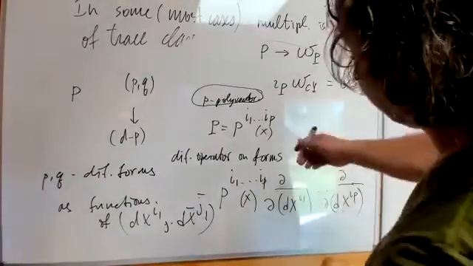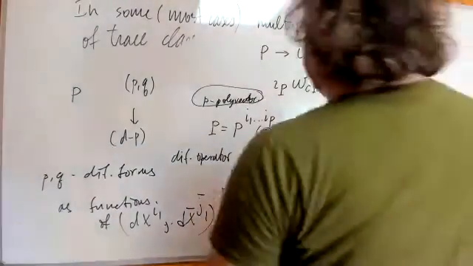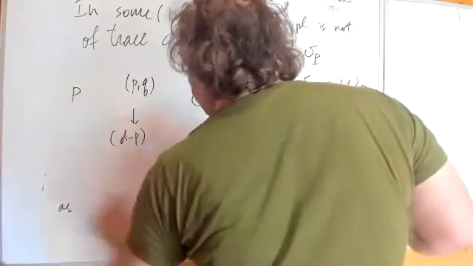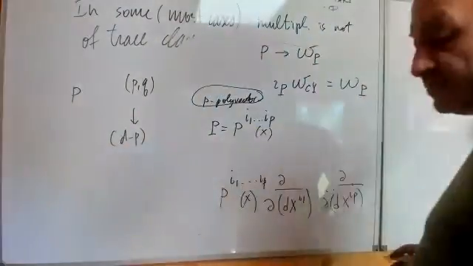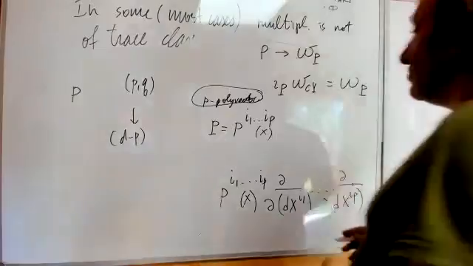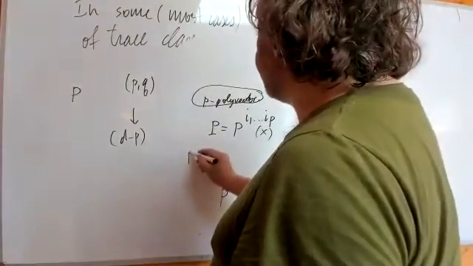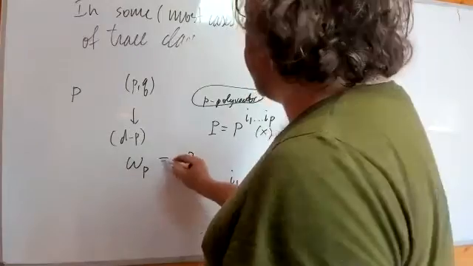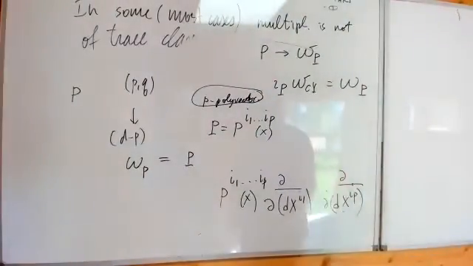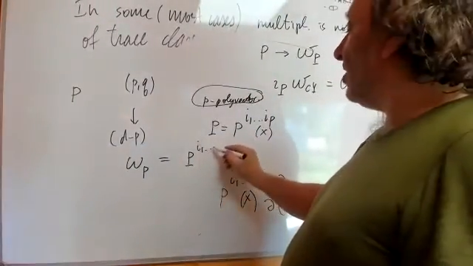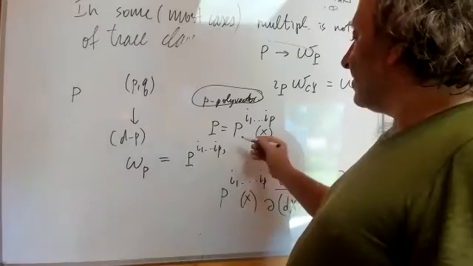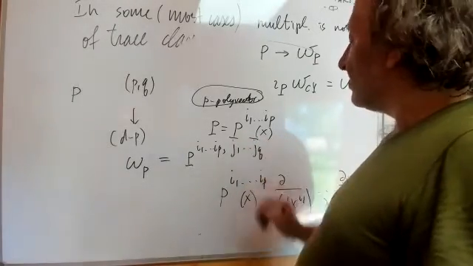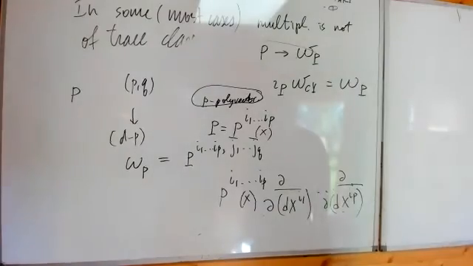So in components, it means that if I have P, then omega P is given by indices I1 to IP, and also J1 bar to JQ bar.